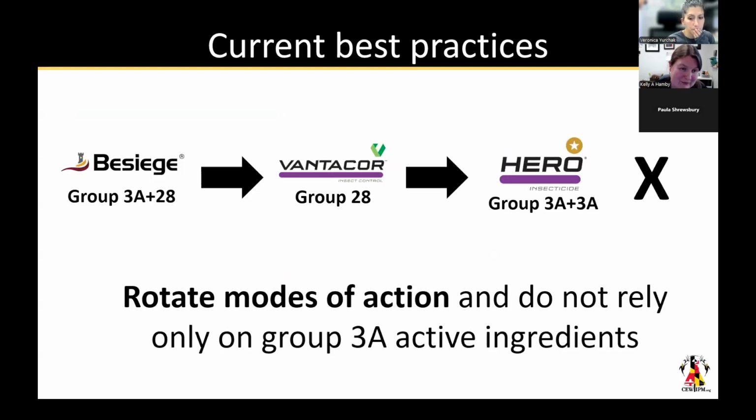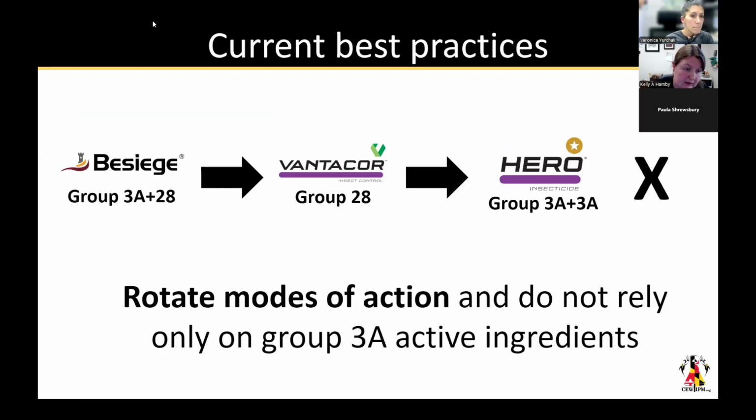You want to rotate modes of action, as I hopefully demonstrated to you in this webinar. Corn earworm is really prone to developing resistance to insecticides, both the Bt traits and the pyrethroid insecticides. So you don't want to rely on any one mode of action, and you want to rotate them. This can be particularly tricky in sweet corn because, as we mentioned, we have these products that are pre-mixed.